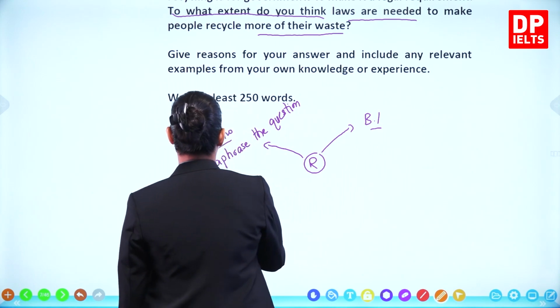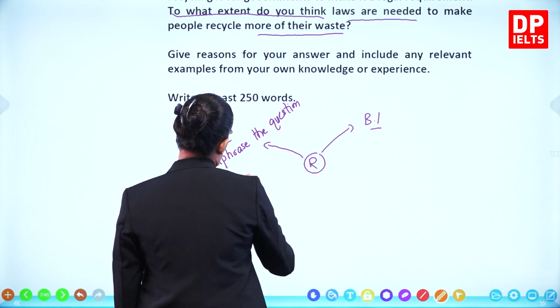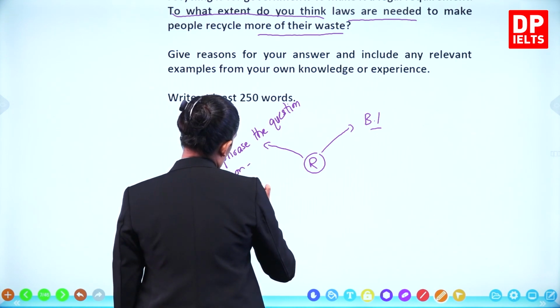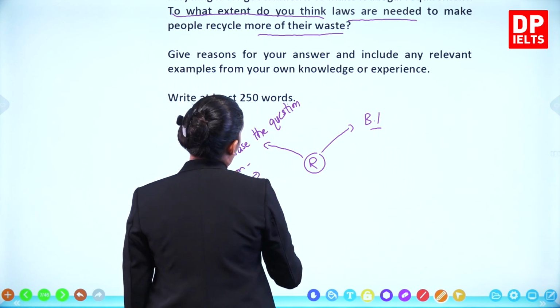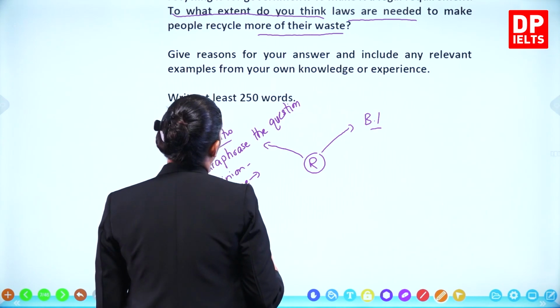Then I would obviously write my opinion, and I do believe or I do agree that the government should have a set of regulations.